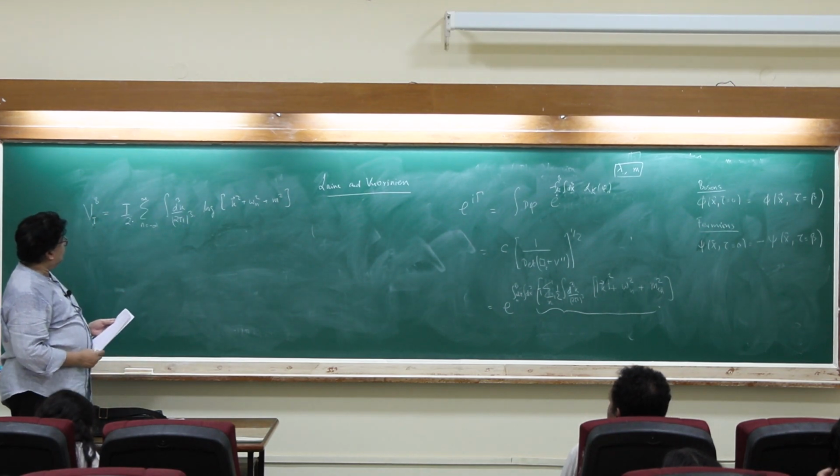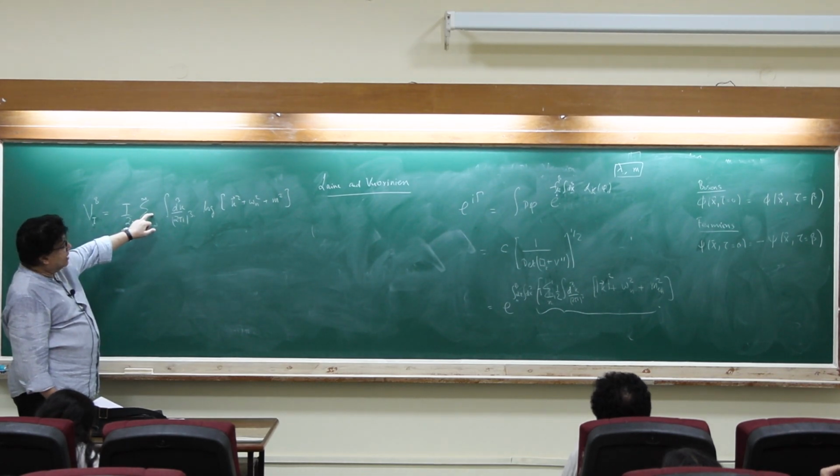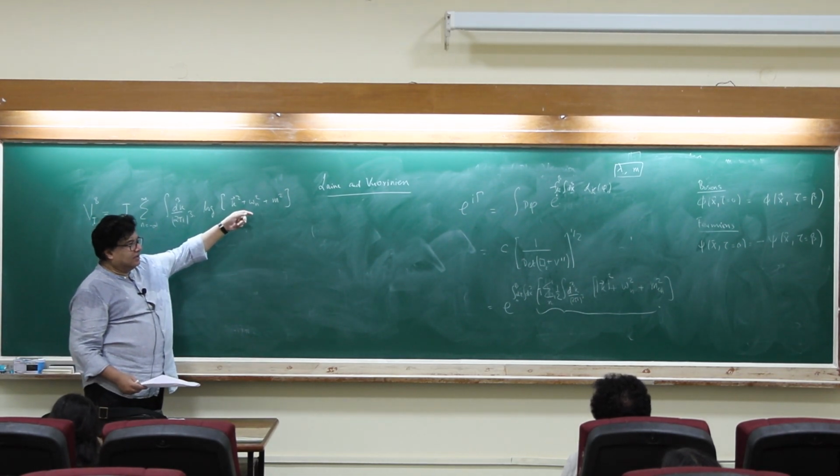Okay. So the difference is that instead of integrating over dk0, d omega, I have a sum over this discrete frequency.